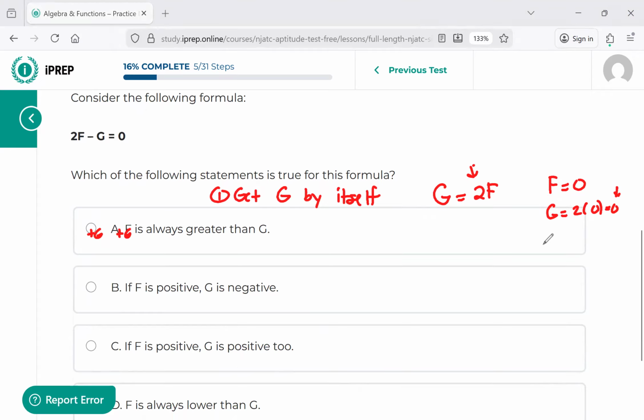If F is positive, let's try 1. So G equals 2 times 1, which is 2. What about 0? Zero is definitely positive, so don't forget zero. G equals 2 times 0, which is 0. Zero is technically positive, so I think this is always going to be true. So I think it's going to be C.